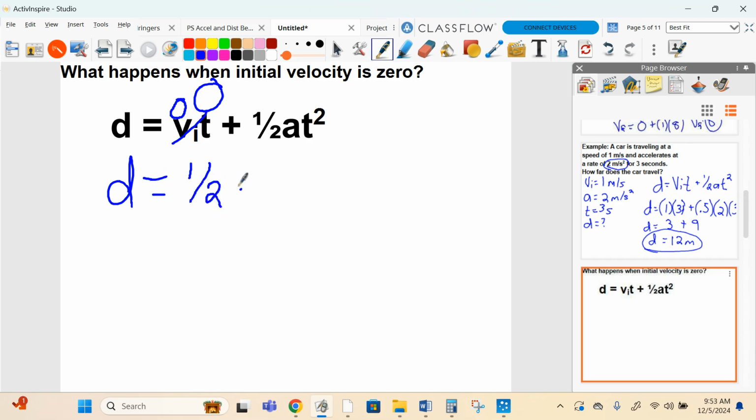So what that really leaves me with is just d equals 1/2 multiplied by the acceleration multiplied by the time squared. I don't typically leave that 1/2. I typically write it in class as d equals 0.5 a t squared.